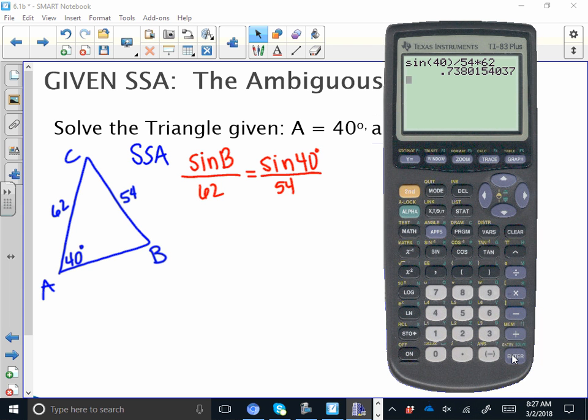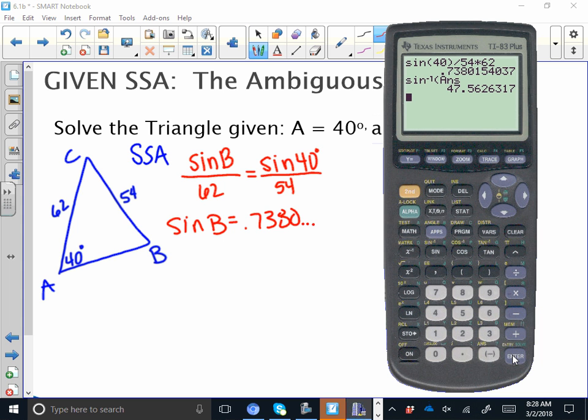Don't take the time to write it down unless you need that visual. If you need the visual, sine of B equals 0.7380. But what I want you to do is press second sine for sine inverse, and don't take the time to type that all in. Just press second answer, and that's going to call up the number that you had before. So angle B is 47.56 degrees.